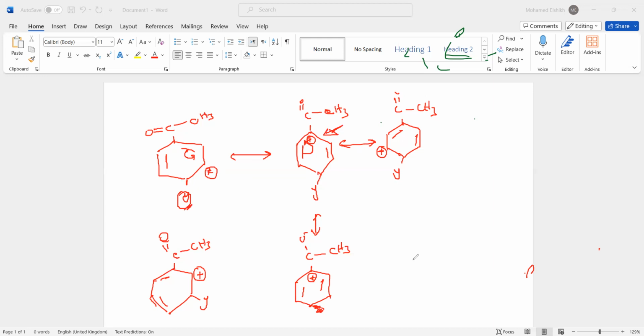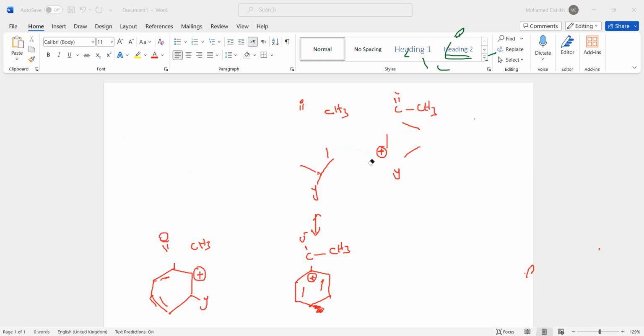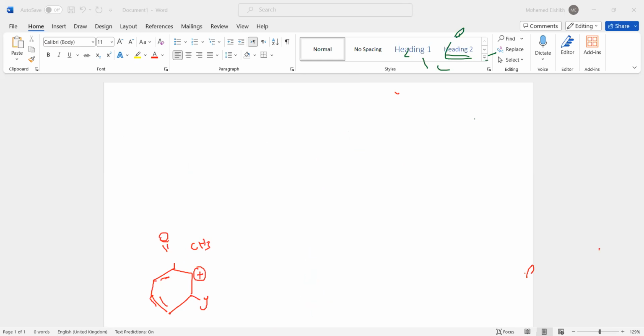Okay, now if we move on to the second one, the second one is basically the substitution when it happens at the meta position.